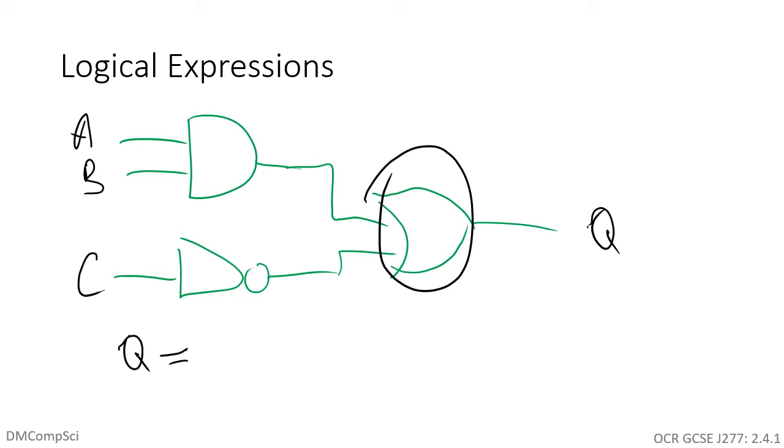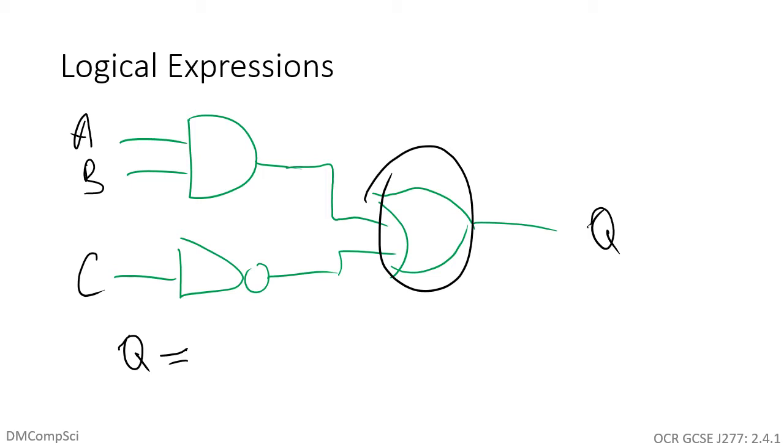A key thing to note here is that if this gate is a NOT gate, we know that there's going to be a NOT operation around the whole expression. So therefore it would be Q equals NOT and then everything else. But because this is an OR gate, this will be pretty much central to the expression.